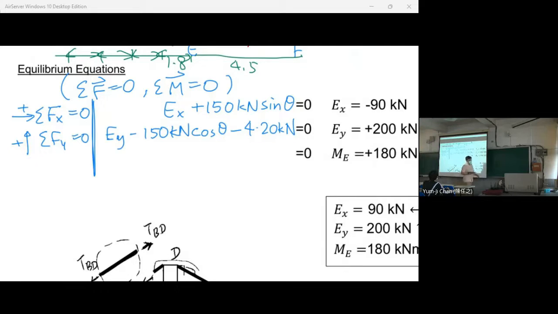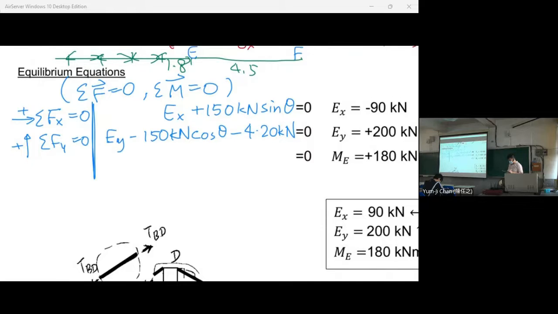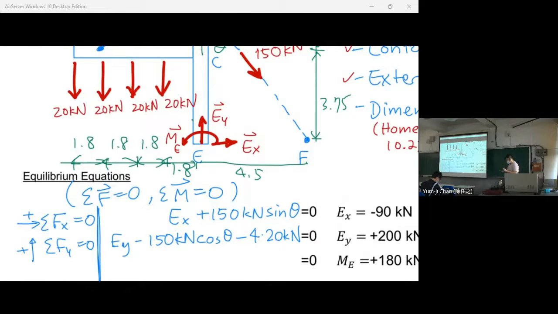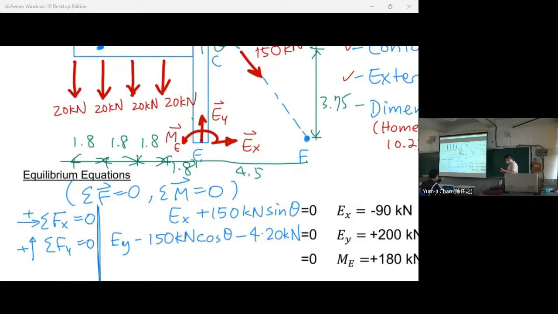Now to the last equation. Now we can take the moment about any point. We can take the moment about C, or about A or B or D or E or F. It is up to you.